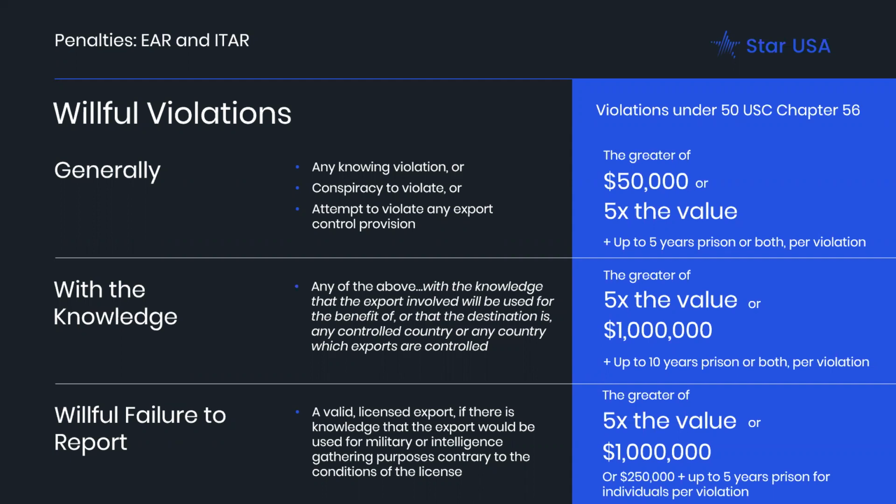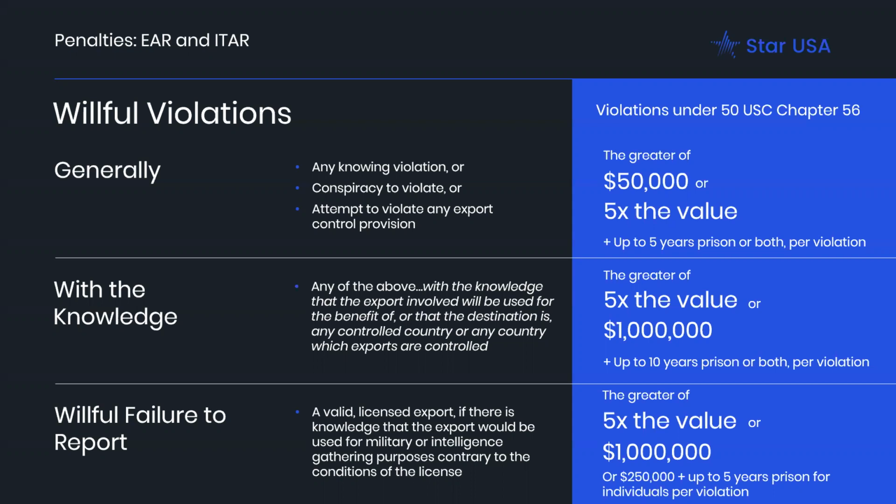And if you have a failure to report a valid licensed export, if there is knowledge that the export will be used for military or intelligence gathering purposes contrary to the conditions of the license, you have a $1 million or 5 times the value fine, or $250,000 plus up to 5 years in prison for individuals per violation. And many of these export control violations can indeed pierce the corporate veil.